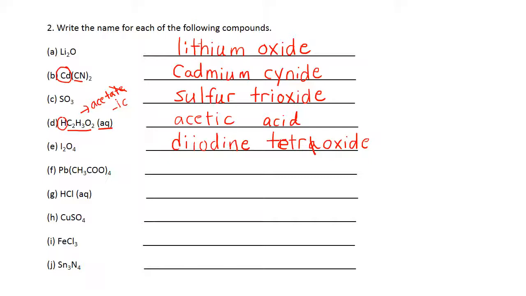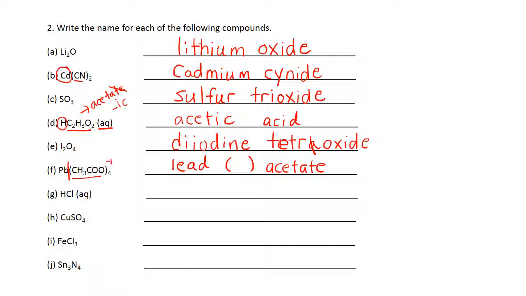Next one is going to be lead. And I know right away lead is transition metal. It's not one of the exceptions. So then I'm just going to go ahead and put a parenthesis because I do need to indicate the charge of lead. So I'm going to do that in a minute. And then look here. We have anion as acetate. That's a polyatomic ion, so you just look it up. So to figure out the charge of lead, I need to know what the charge of acetate is.